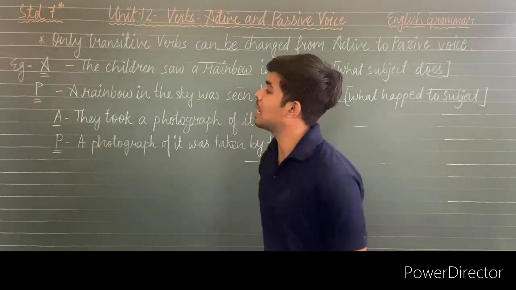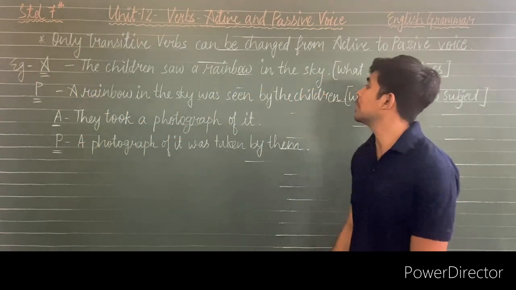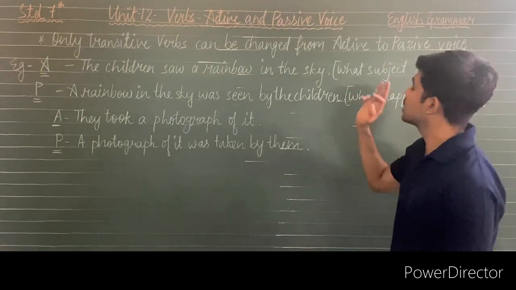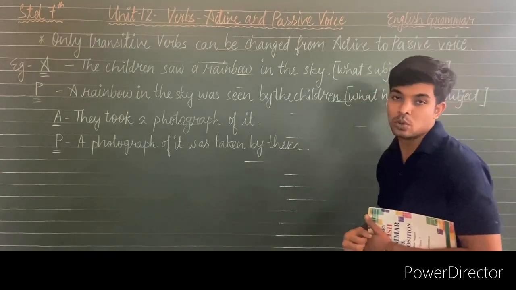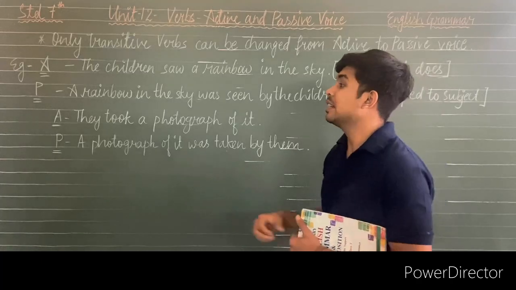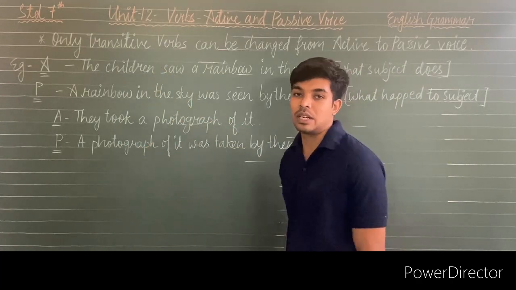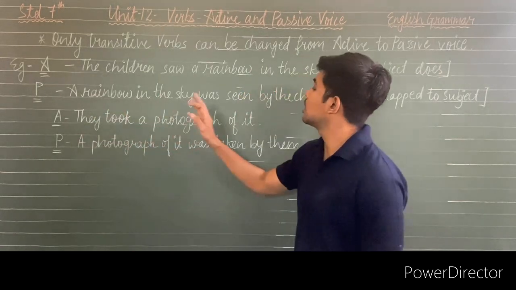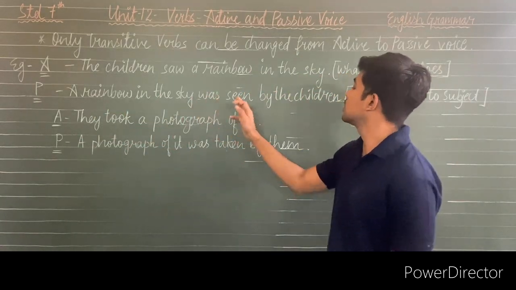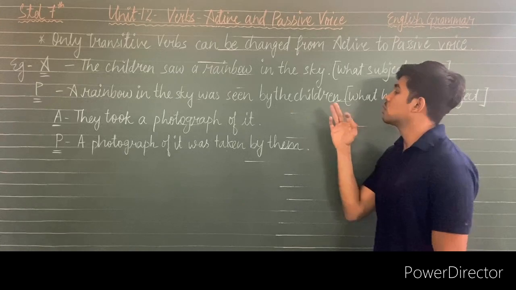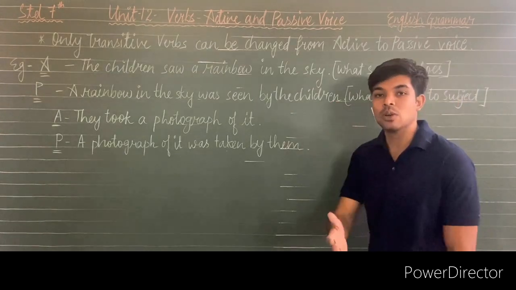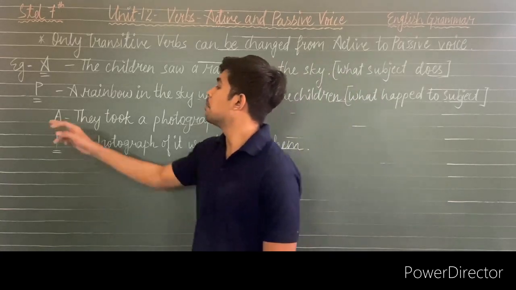So in this example, the children saw a rainbow in the sky is in active voice because it is showing what the subject does. If we want to convert it into passive voice, a rainbow in the sky was seen by the children. So here what happened to the subject is denoted in the passive voice.